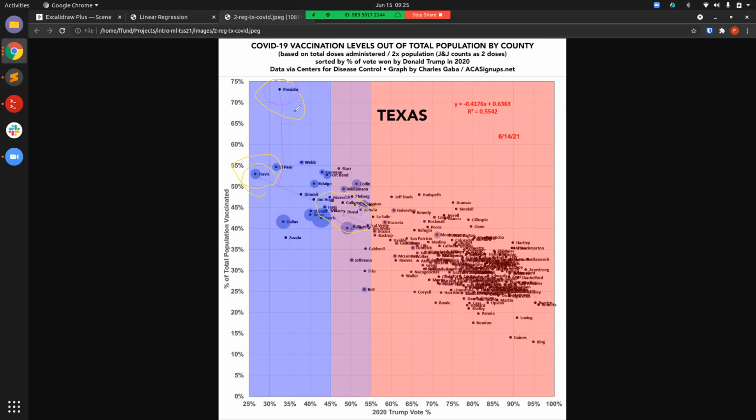Now, what accounts for data points that are not explained well by the model? Why are some data points explained well and some are not? Is it because maybe the slope of the line is wrong? Maybe it would be better if we had a different slope.